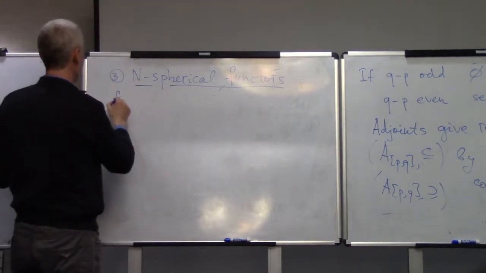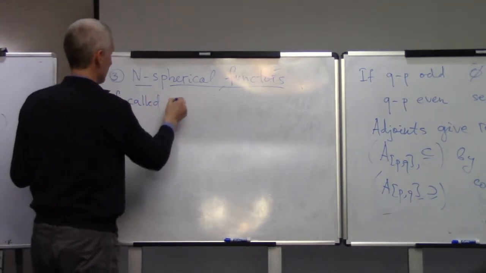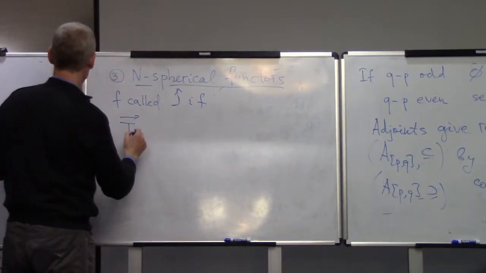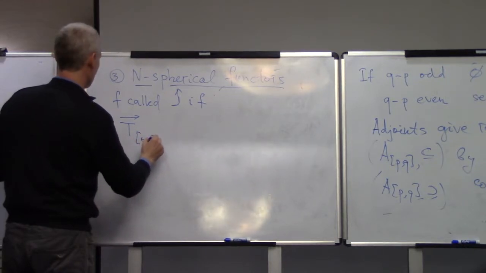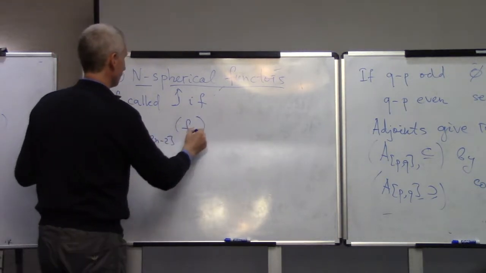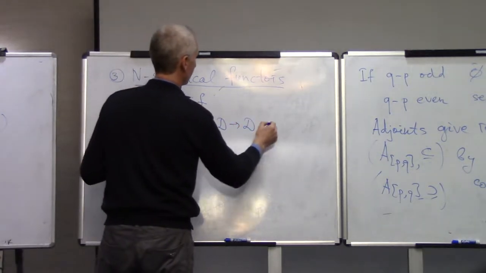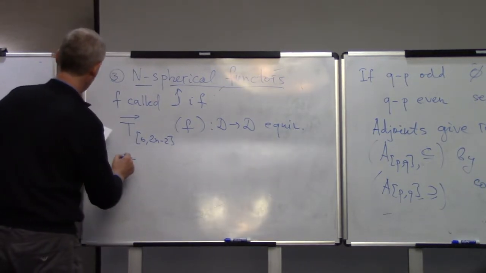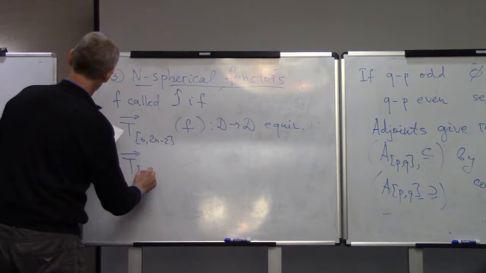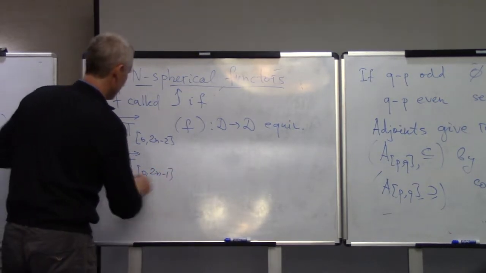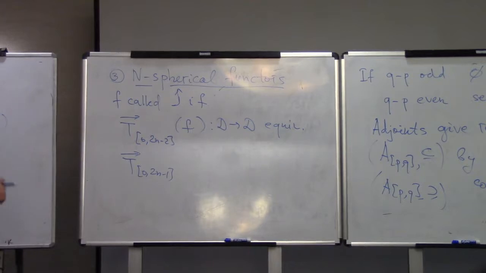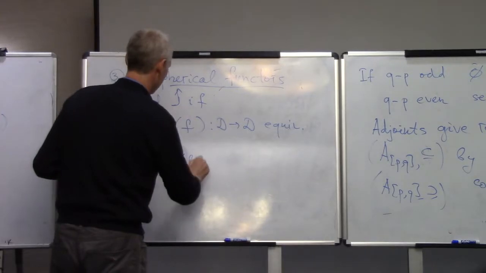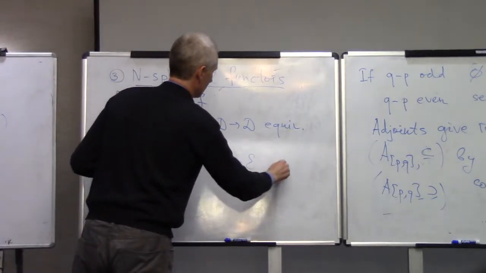So F is called n-spherical if this one, T upper star with respect to 0 to n minus 2 of F from D to D, is an equivalence, and the previous one, 0 to n minus 1 of F, which looks longer but actually is the same length with respect to the length of the complex, from E to E is quasi-isomorphic to 0.